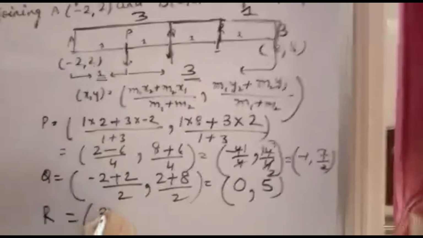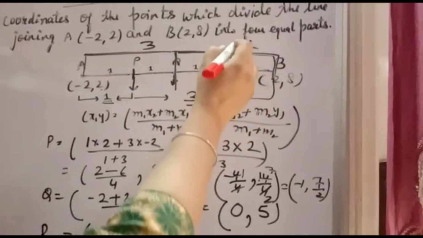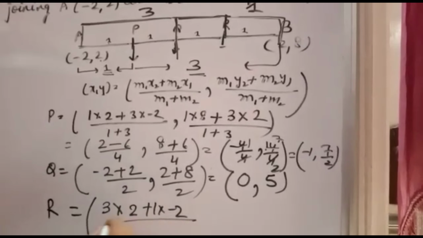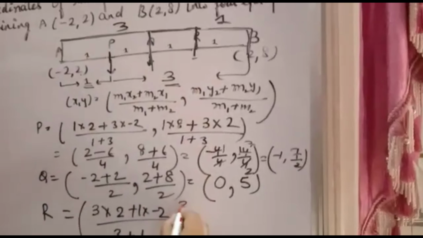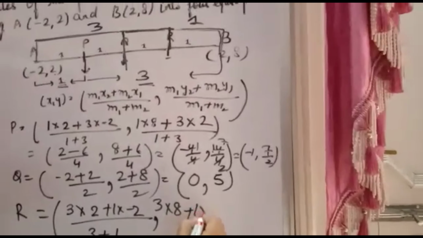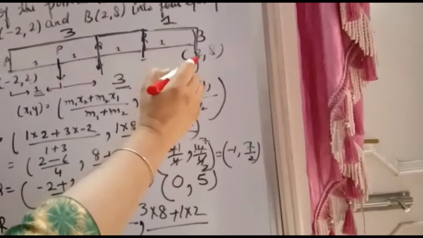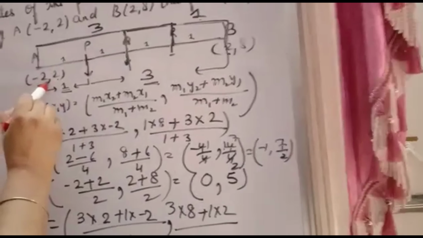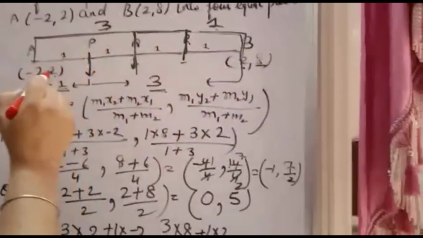You will get 3 into 2 plus 1 into -2 over 3 plus 1 for the x coordinate, and for the y coordinate 3 into 8 plus 1 into 2. It means you have to do it opposite: for the x coordinate, m1 is multiplied with x2 and m2 with x1, and for the y coordinate, m1 with y2, m2 with y1.